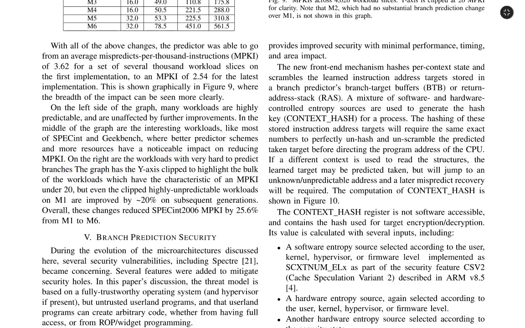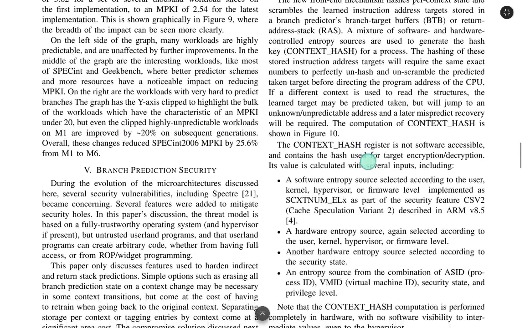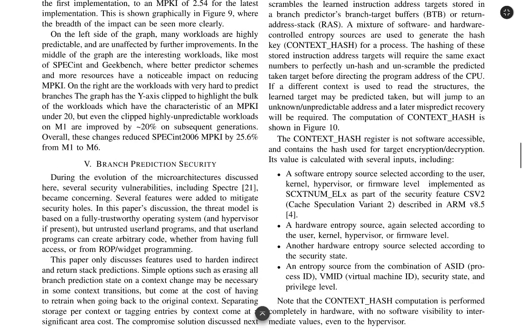The graph has the y-axis clipped to highlight the bulk of the workloads, which have an MPKI under 20. But even in the clipped, highly predictable workloads, M1 improved by 12% on subsequent generations. Overall, these changes reduced SPECint 2006 MPKI by 25.6% from the M1 to M6.